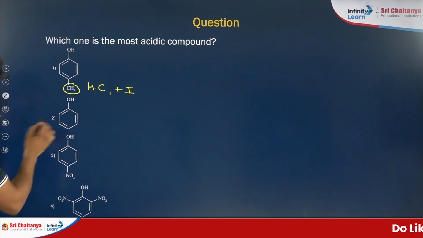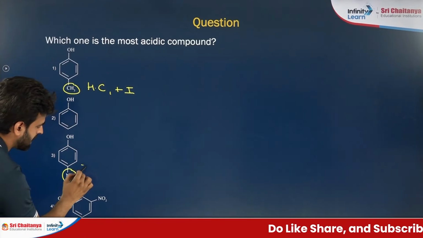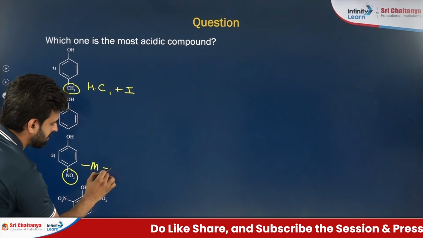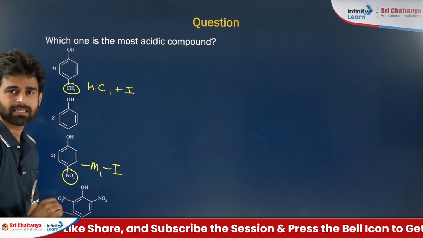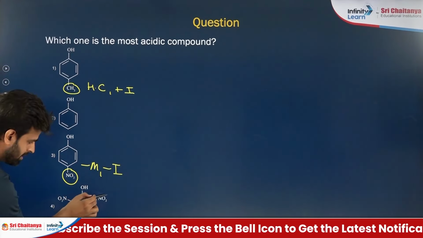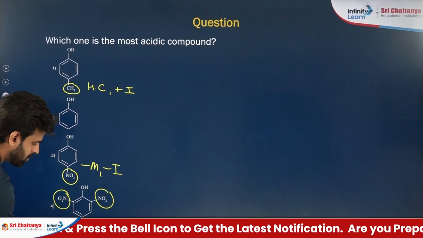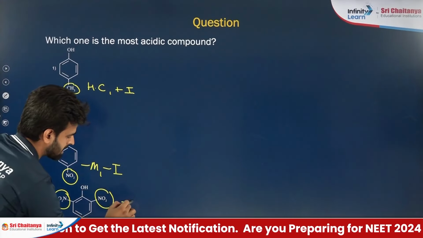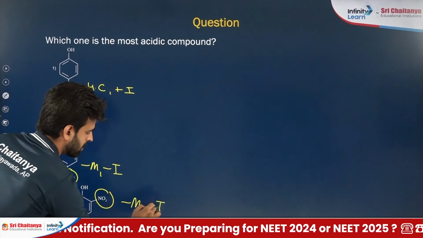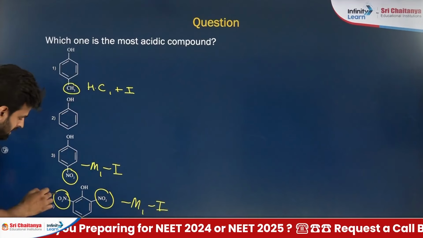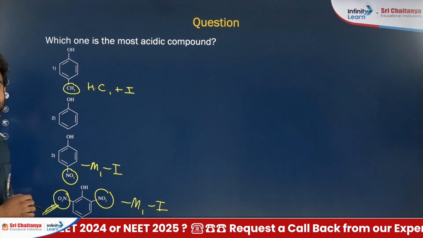In this case, nothing is there. We have NO2. NO2 withdraws by minus M as well as minus I. But in the last option, we have NO2, NO2, NO2. So a lot of minus M as well as a lot of minus I, which makes it the strongest acid.